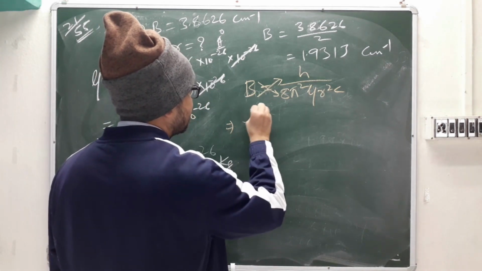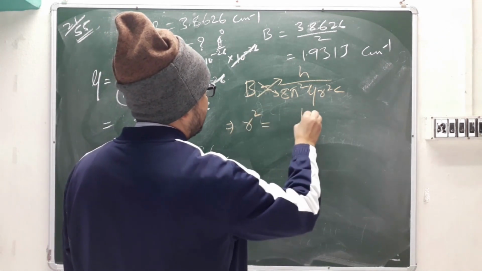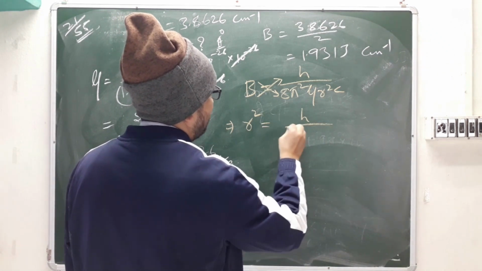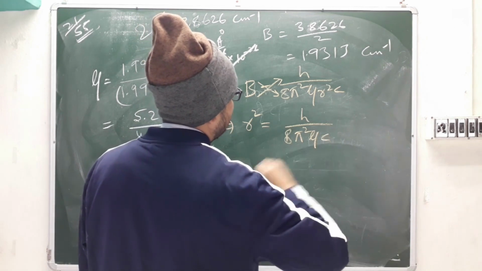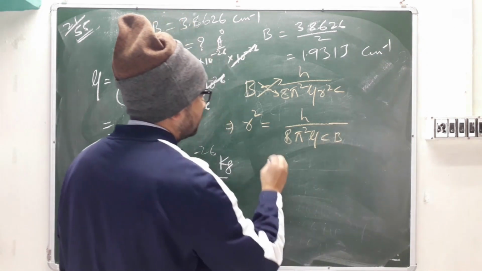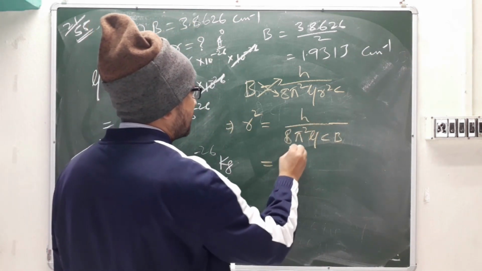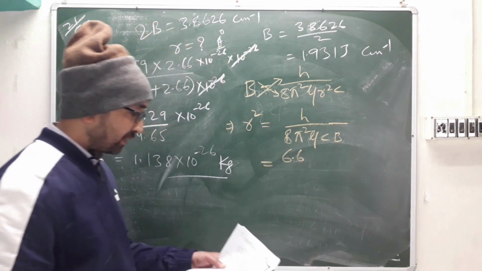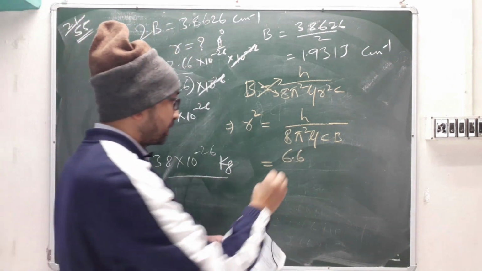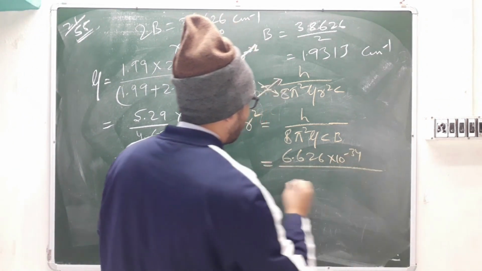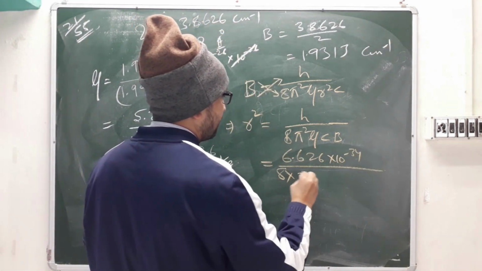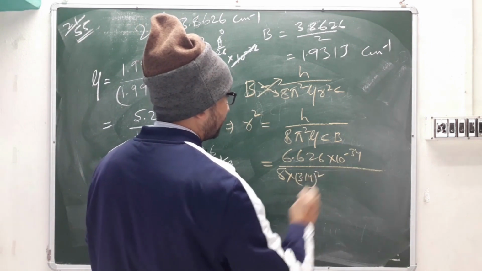We'll take it to this side. r square will be h / 8 pi square mu c into B. So just put the value for h. They have given it in the question, you can see on the screen: 6.626 into 10 to the power minus 34, divided by 8 into pi, which is 3.14, square.